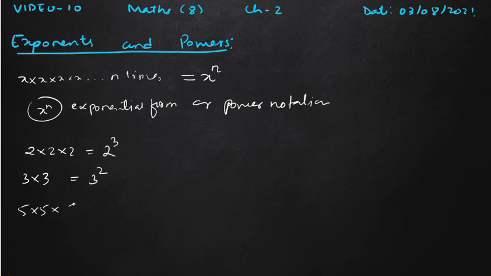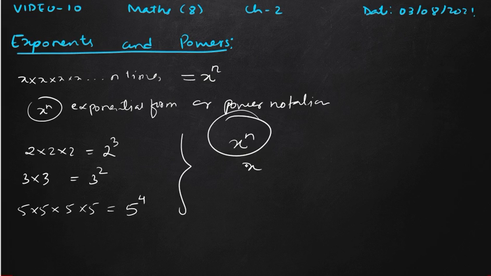If you multiply 5 four times, it can be written as 5 power 4. All these are exponential form. In x power n, x is called the base, and the power n is called the exponent, or you can also say the index.